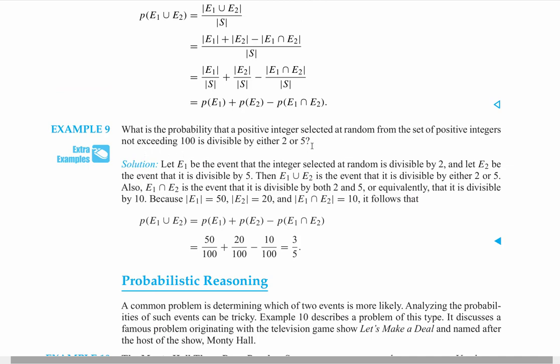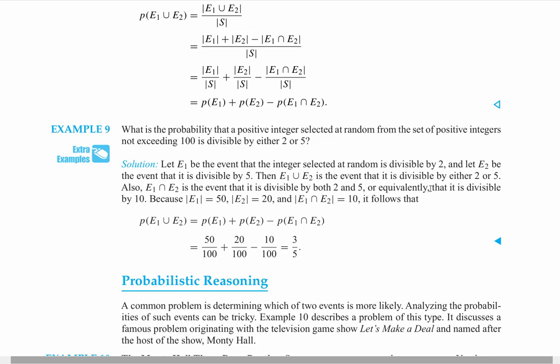What is the probability that a positive number selected at random from 1 to 100 is divisible by either 2 or 5? So let's let E1 be the event that it's divisible by 2, E2 that it's divisible by 5.